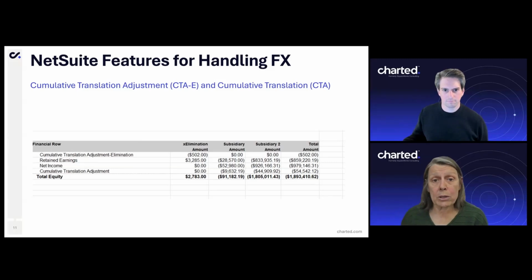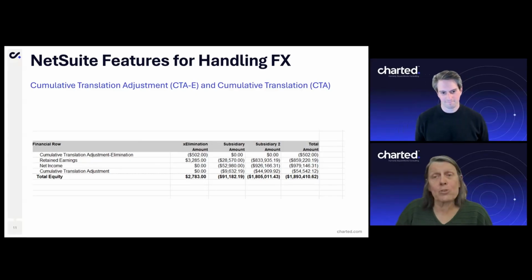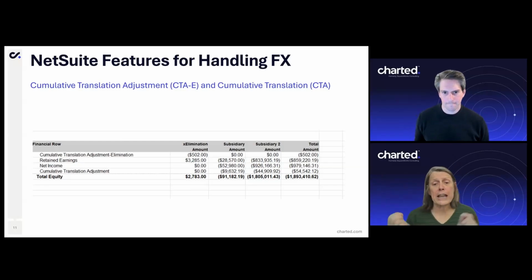It won't work anymore because you have put manual entries into that system account. This is a system account. It should not have manual entries. CTA, never do manual entries, please, please, because you'll regret it in the future. Just trust me on this one. But this is a nice view of CTAE versus CTA and what it should look like.